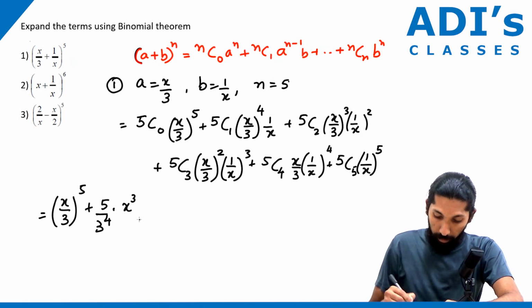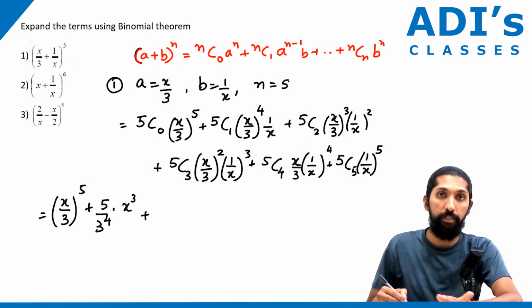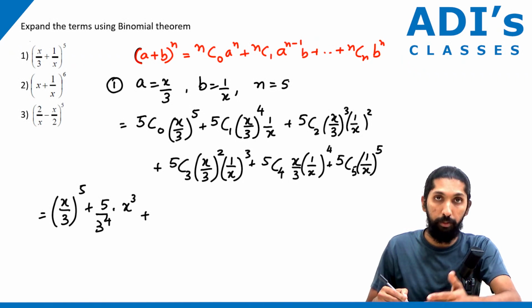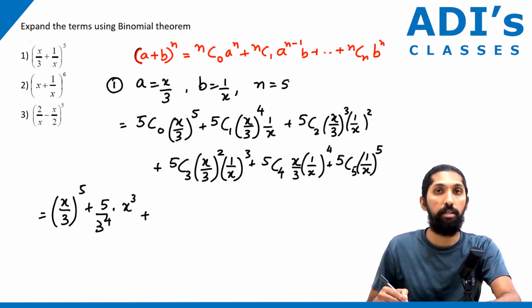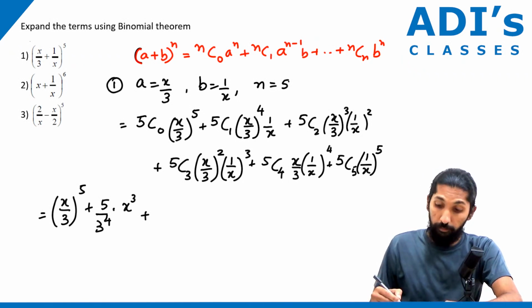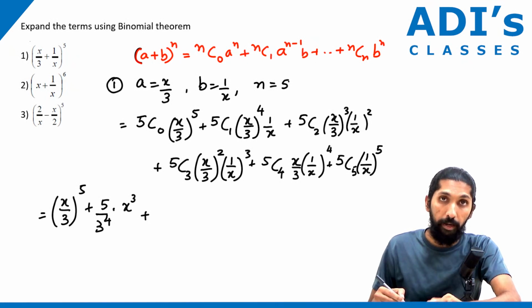The next one, 5C2. 5C2 is 5 into 4 by 2 into 1. Correct? You have done this in the previous chapter. So 5C2 is going to give us 10.